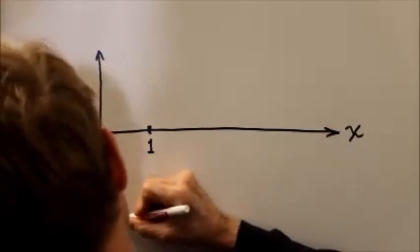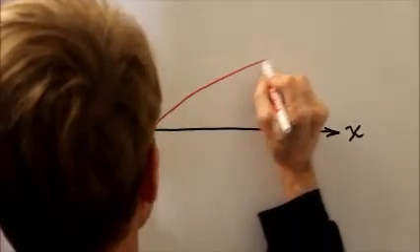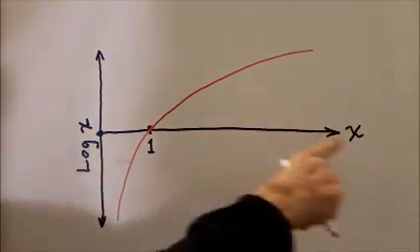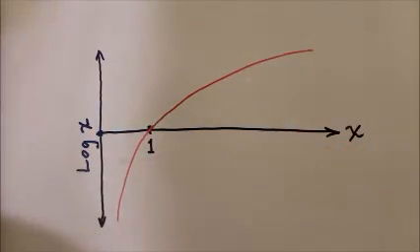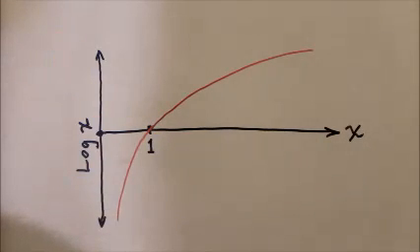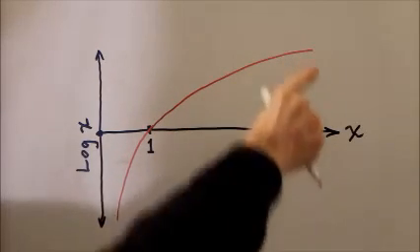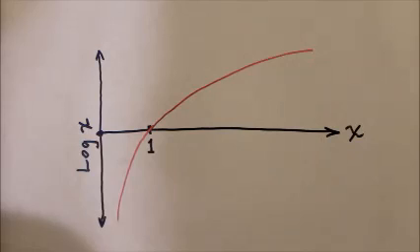If we graph in relative terms the logarithm function, where x goes out along the horizontal axis to the right, and the logarithm of x, base 10 or any reasonable base, e or 10, we're going to get a curve that looks like this.